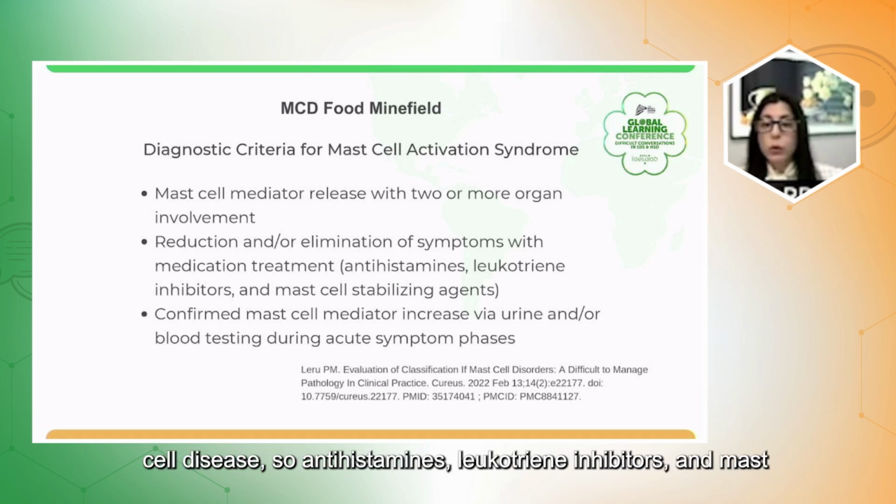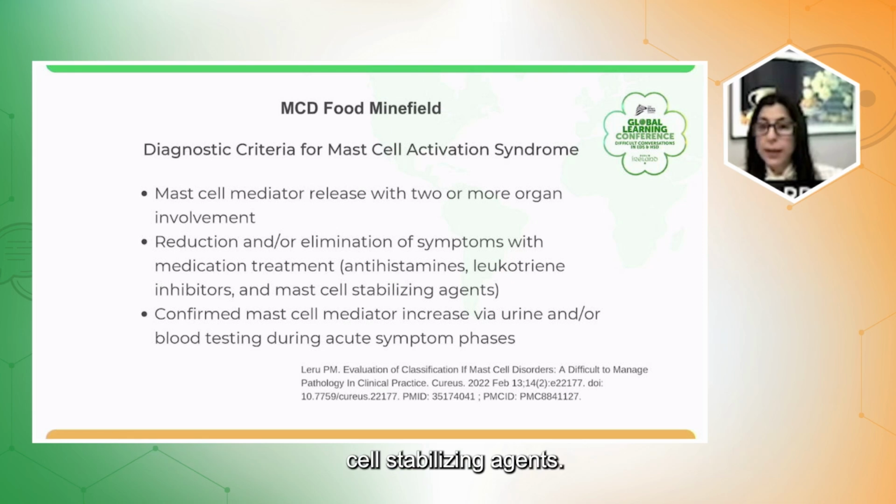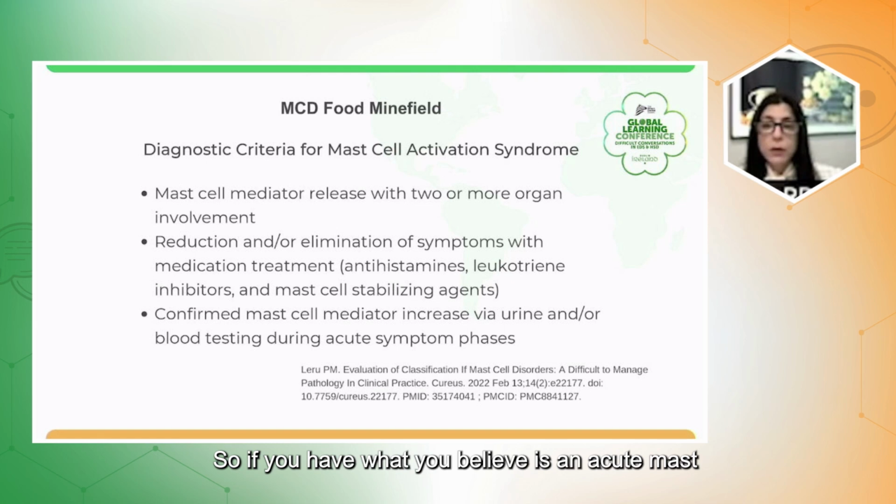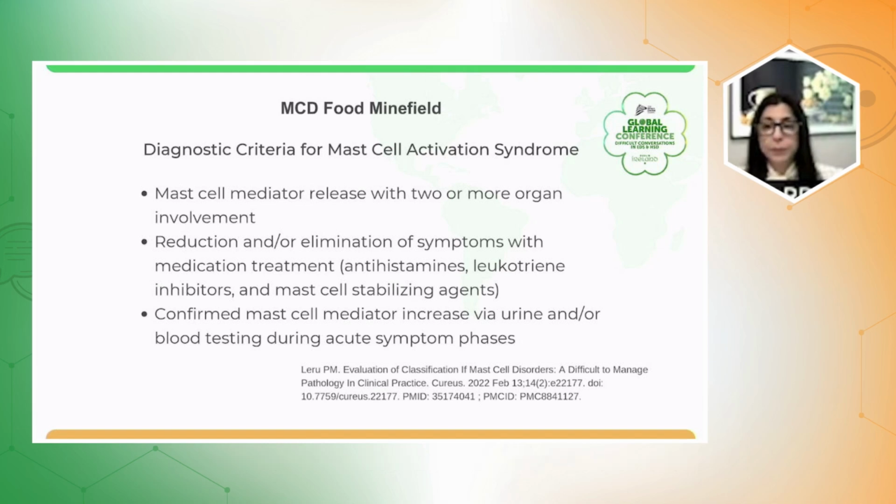So antihistamines, leukotriene inhibitors, and mast cell stabilizing agents. And then we also need to see confirmed mast cell mediator increase via urine and or blood testing during acute symptom phases. So if you have what you believe is an acute mast cell reaction and you get urinalysis and blood work done to look at the mediators that were released, if there is an increase from baseline, this would be a criteria.